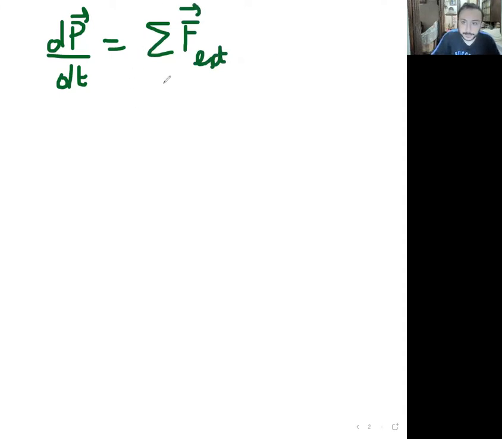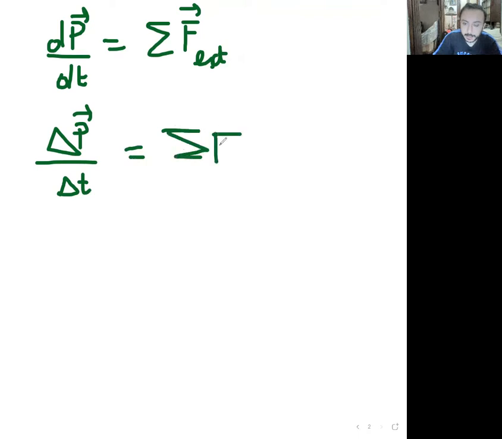And so this can also be replaced by delta P over delta T, equals sigma Fx.